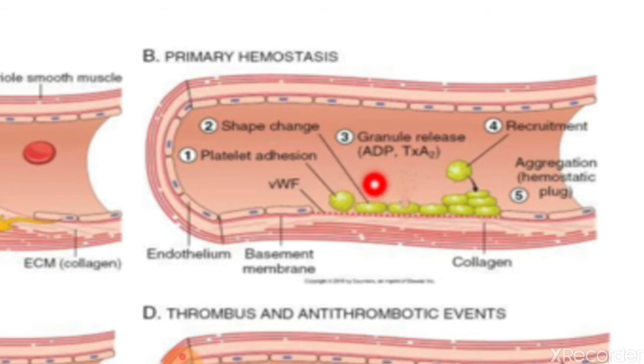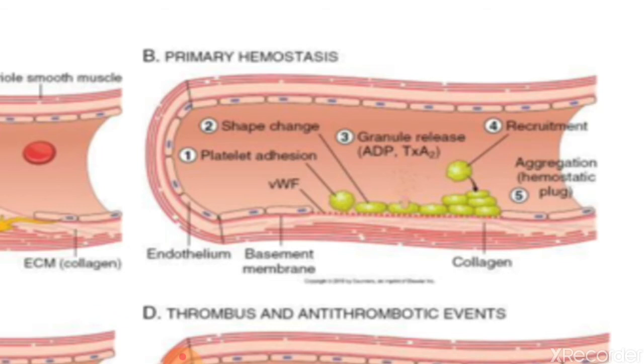Also, they secrete thromboxane A2, and this causes vasoconstriction and activation of many platelets, causing platelet aggregation. So, in this step, the platelet adheres at the site of injury, changes its shape, and then we have platelet aggregation. And this is what we call the platelet plug formation, because the platelets aggregate together at the site of the injury.